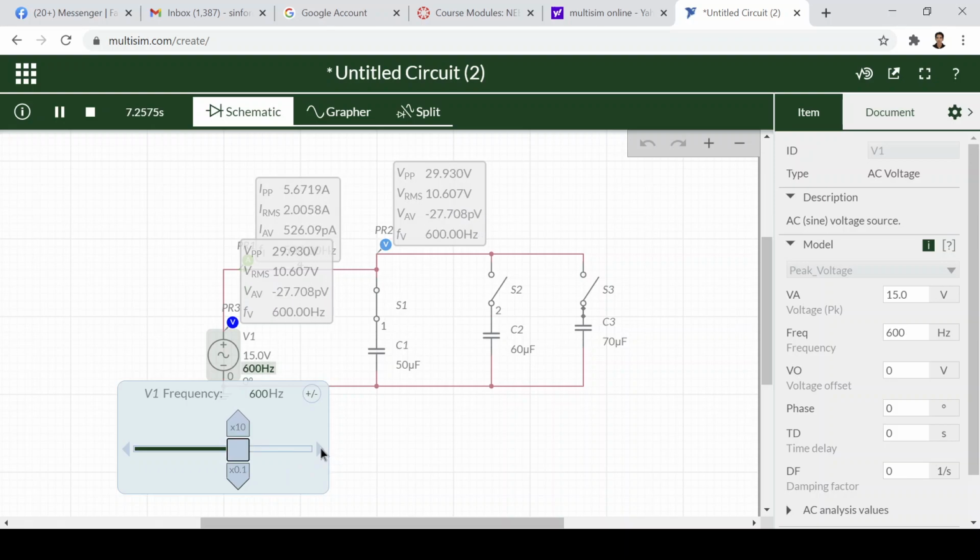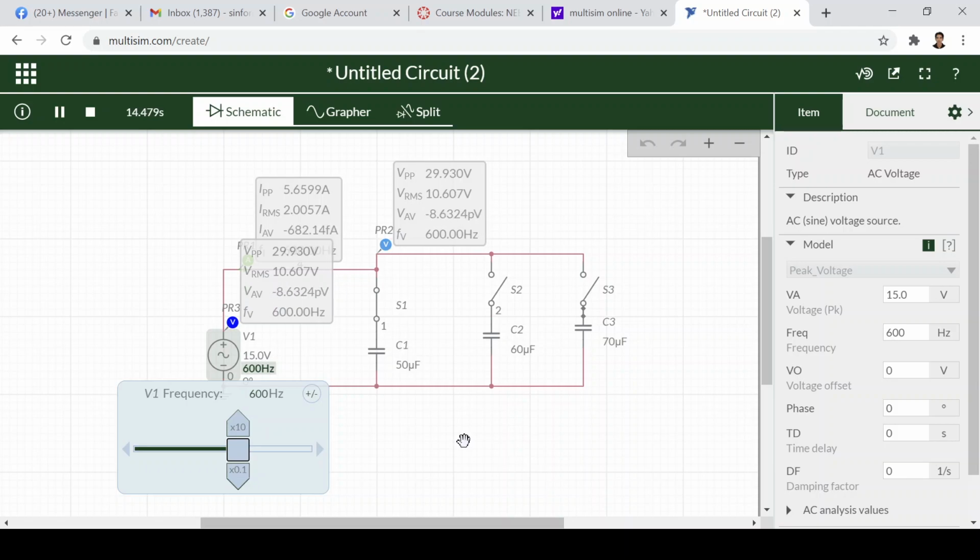At 600 hertz, the current is 2. And record this reading in table 3 and the necessary values for capacitive reactance and capacitance.